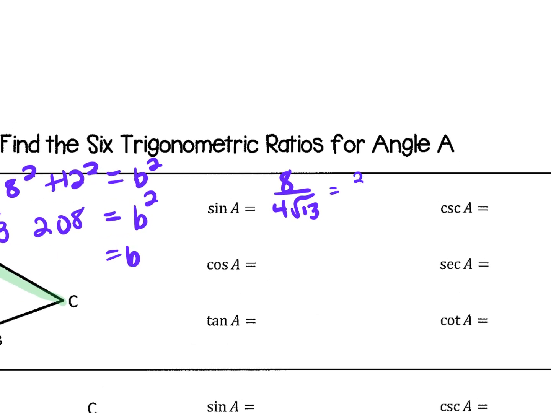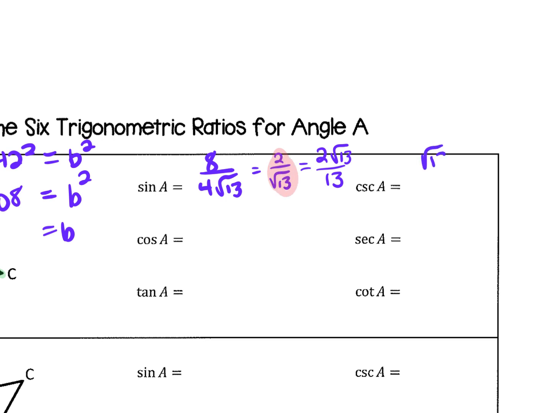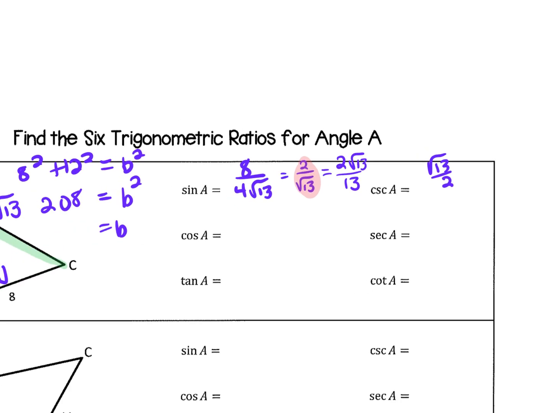So this is 2 over root 13, and then we've got to rationalize. So there's quite a few steps on this one, isn't there? But for cosecant of A, that one's pretty easy because we're going to flip this. So square root of 13 over 2.